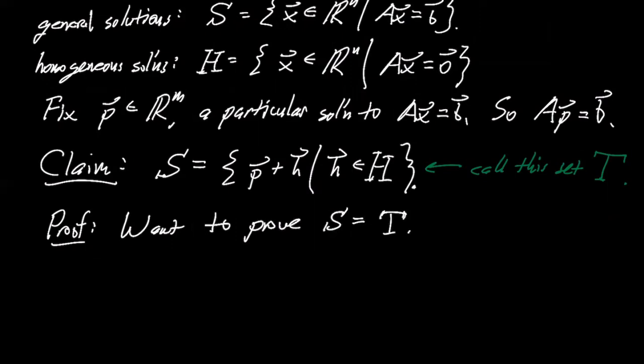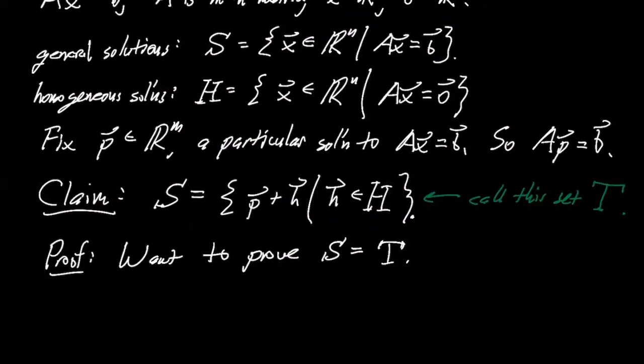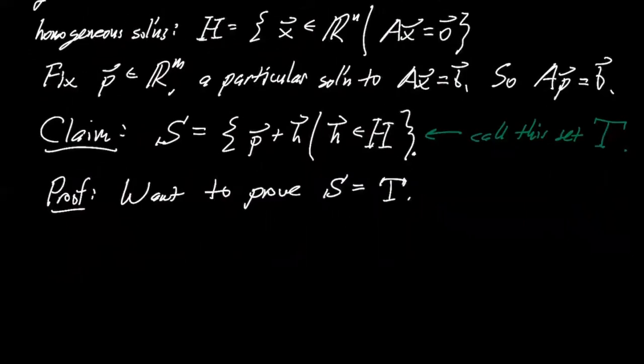So how do you prove two sets are equal? Well, this is a standard technique you'll learn in math reasoning, but the idea is that you show that everything that lives in S also lives in T, and that everything that lives in T also lives in S. So it kind of goes both ways, and that means they're the same set.